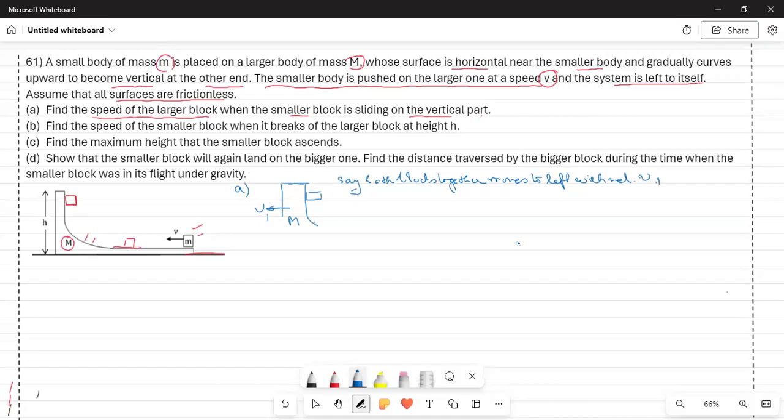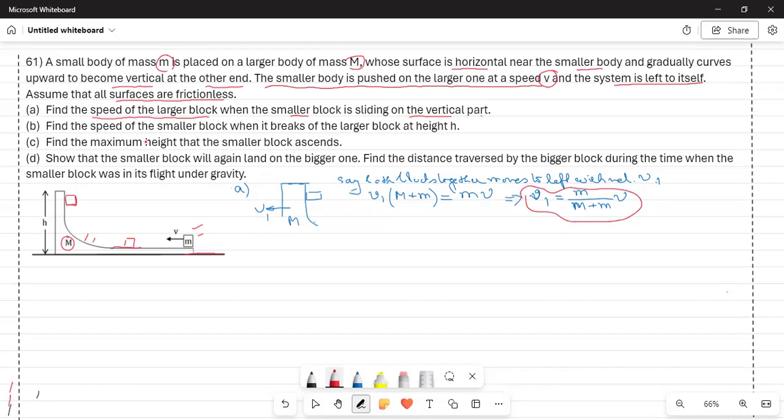Then obviously from the conservation of momentum, v1 multiplied by the total mass, capital M plus small m, will be equal to the momentum of the smaller body, mv, because that is where it started. From here, we can easily find out v1 is equal to small m divided by capital M plus small m, into v. This is the first answer.